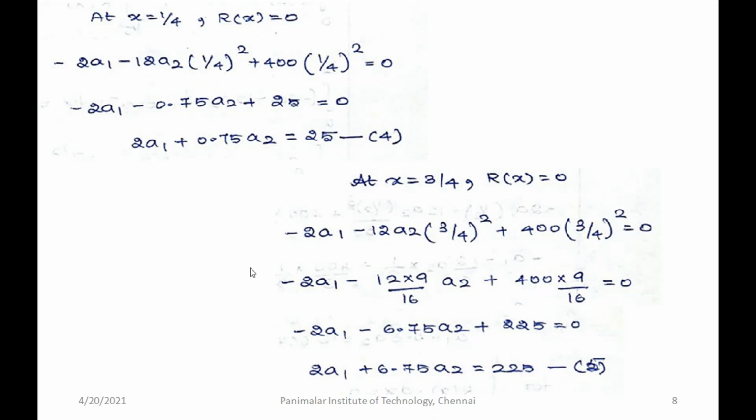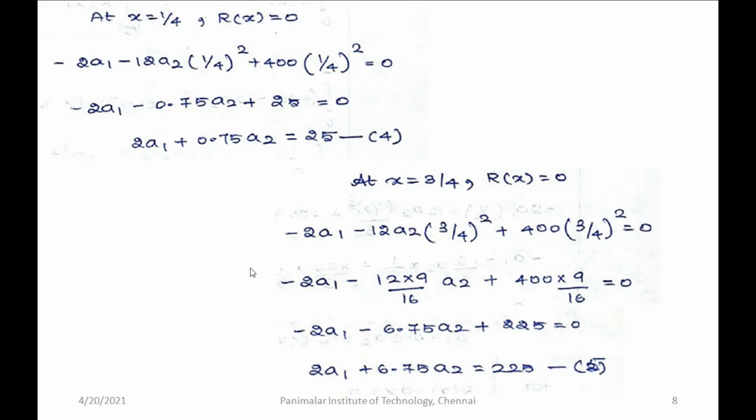Now coming to the second collocation point, at x equal to 3 by 4, r of x equal to 0. Again we are assuming at the second collocation point the residual is 0. Now substituting x equal to 3 by 4 in this r of x, it will yield the second equation.